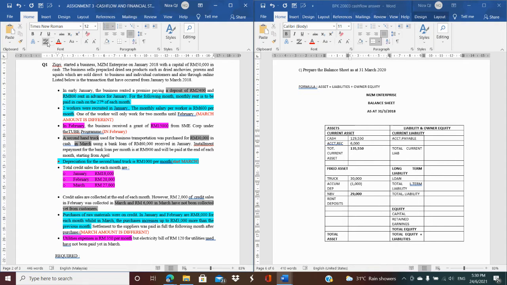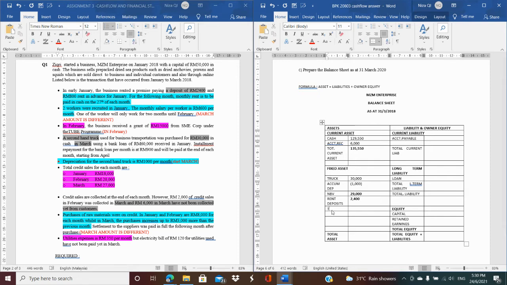So it will be used to pay for the remaining rent. So it's like an advance, so it is an asset for you. So you have to put the amount of the deposit. So it's going to be 2,400.